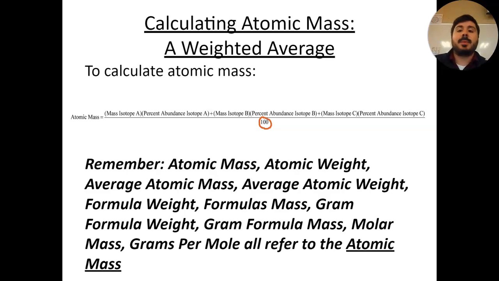You do not divide it by the number of isotopes you have. In this case, we have isotopes A, B, and C. With a basic average, you would divide this all by 3, but that's not what we're doing here at all. We are multiplying things based on the percentage abundance that we have for them.